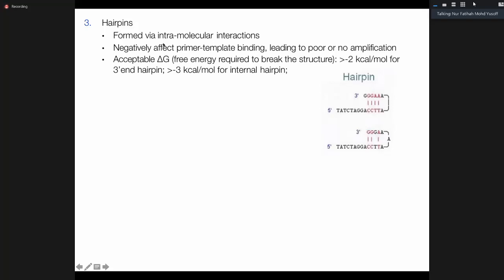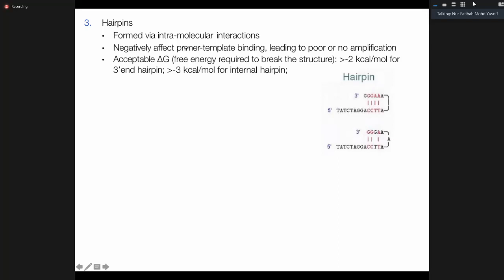Hairpins form via intramolecular interaction. These are examples of how hairpin structures could look. It can affect primer-template binding, so this can cause poor or no amplification.